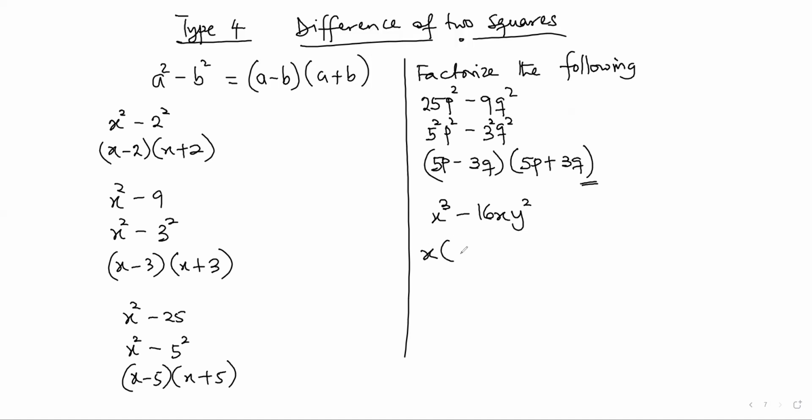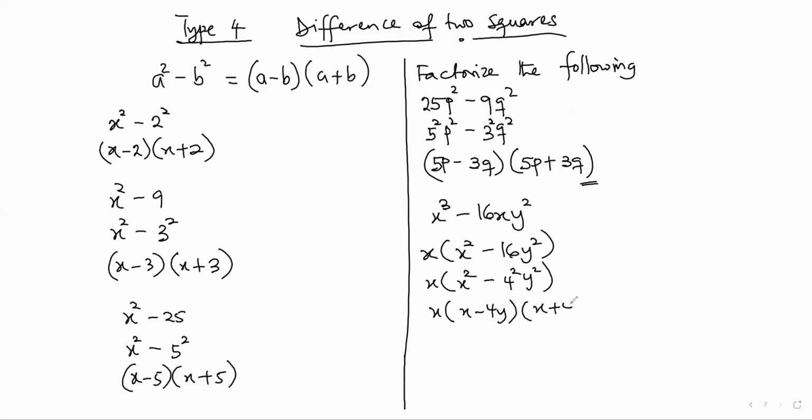So you factor x out, we are left with x squared minus 16y squared. So this 16y squared is the same as 4 squared y squared. And since there is a square on all of them and the minus, we have a difference of two squares, which means one will be minus, which is (x minus 4y)(x plus 4y). Let's move on.